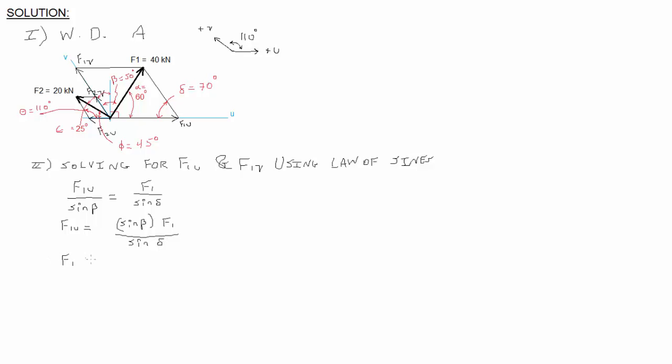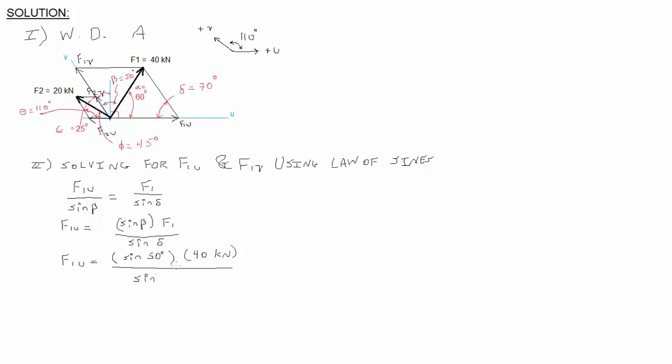So F1u, now we've got our equation with our variables, we can now put in our numbers. Sine of beta was 50 degrees times F1, which is 40 kilonewtons, divided by the sine of delta.